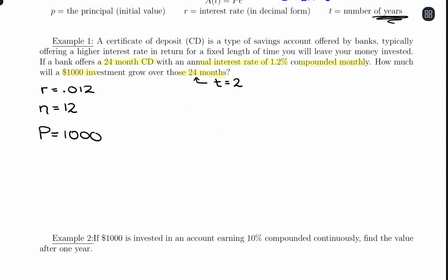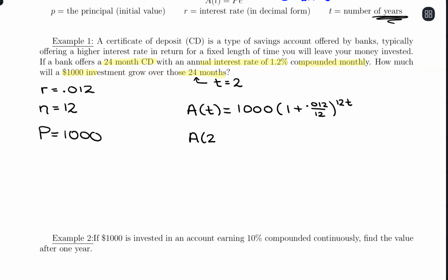Okay, so our function for this compounding interest account would be A of t equals 1,000 times (1 plus 0.012 over 12) to the 12 times t. What we want to do is plug in t equals 2.